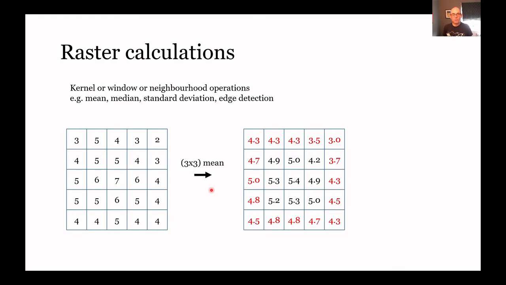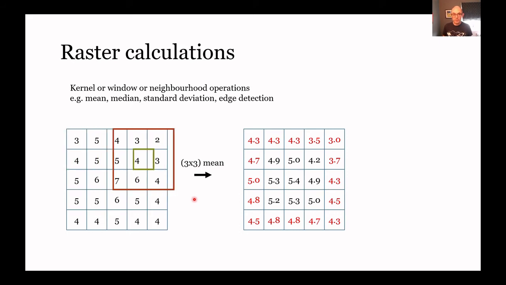Or the next method we looked at on that list in the previous section was the kernel analysis, where we take a window, a moving window or a neighborhood, and we move across the entire image. We go cell by cell, but we're taking in a collection of cells. So for instance, in this case, we're going to be calculating a new value for this cell here in the middle, but we're going to be looking at all of the cells, all 9 in this neighborhood, in this kernel.